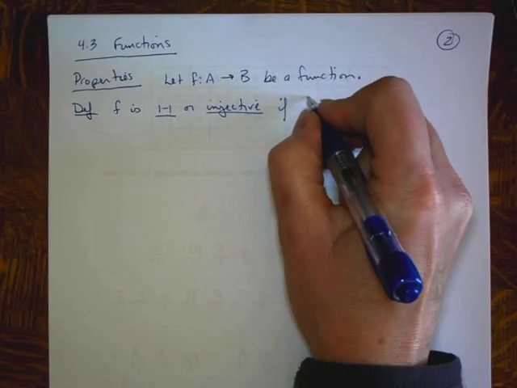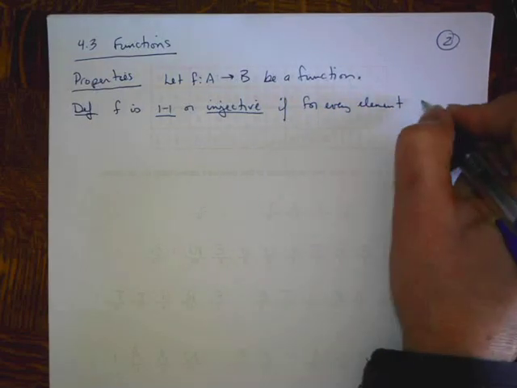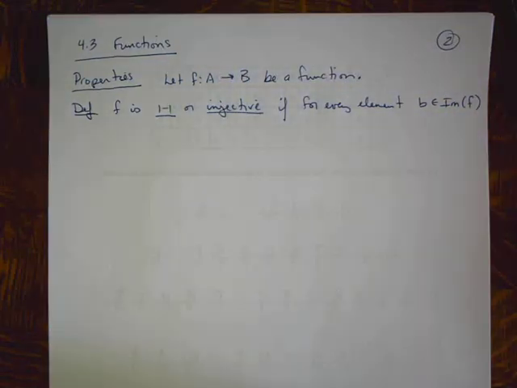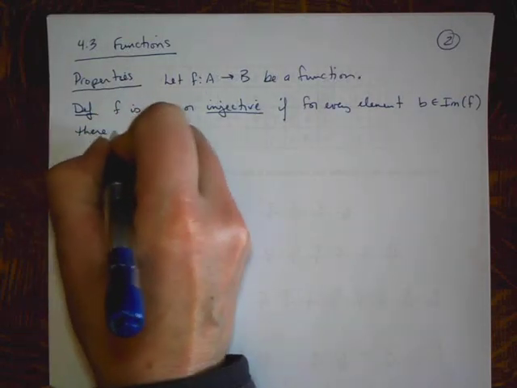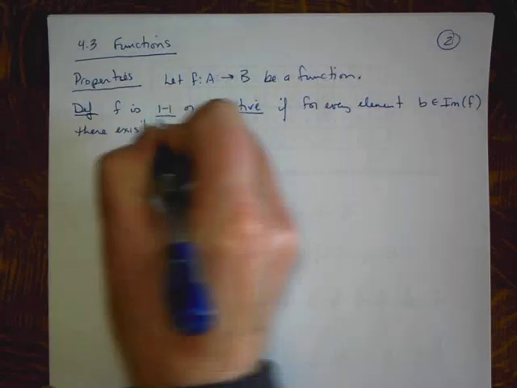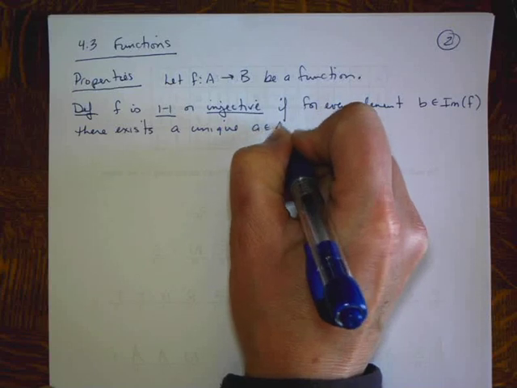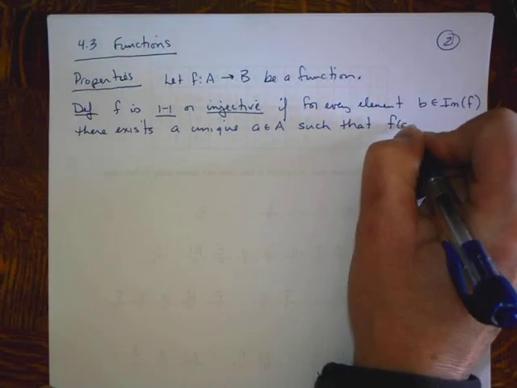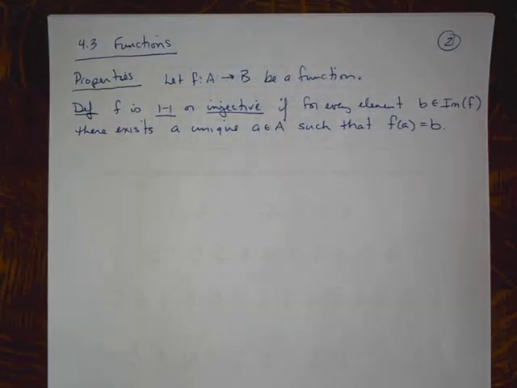If for every element b in the image of f, not just for every b in B, but for every b in the image of f, there exists a unique a in A such that f of a is equal to b.